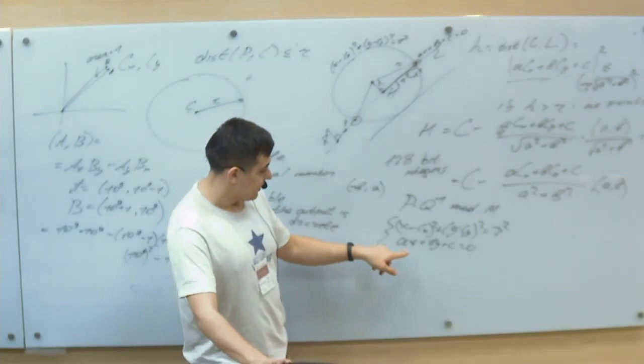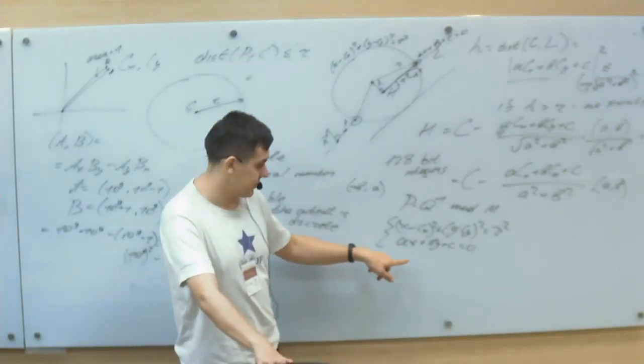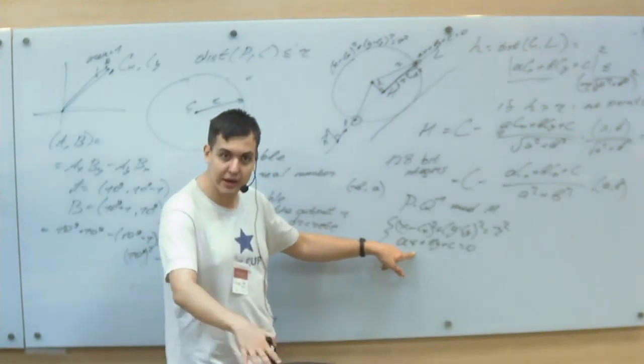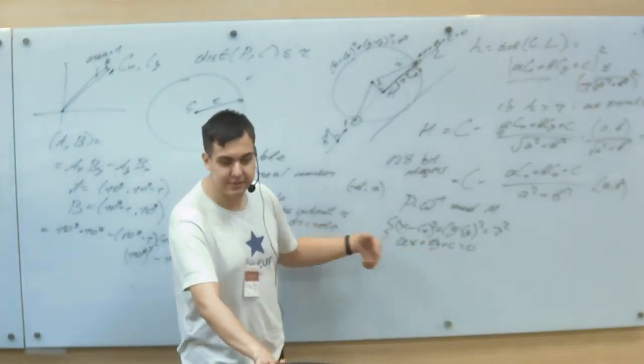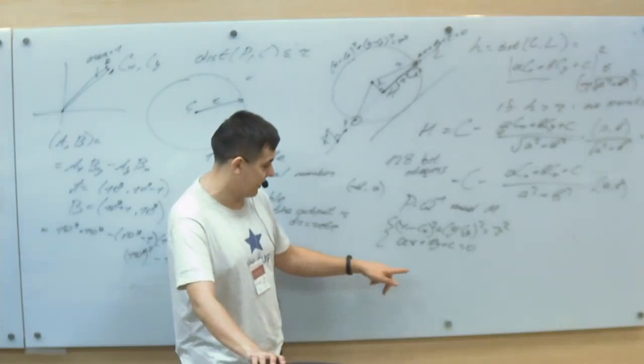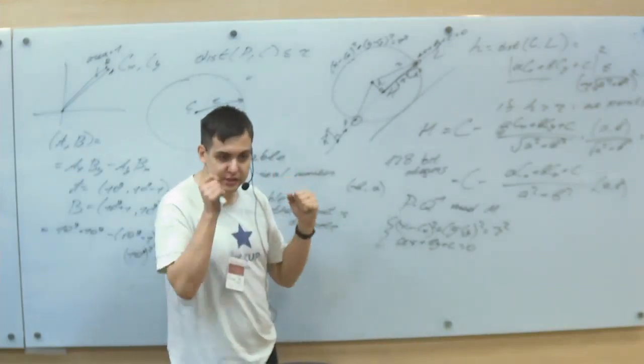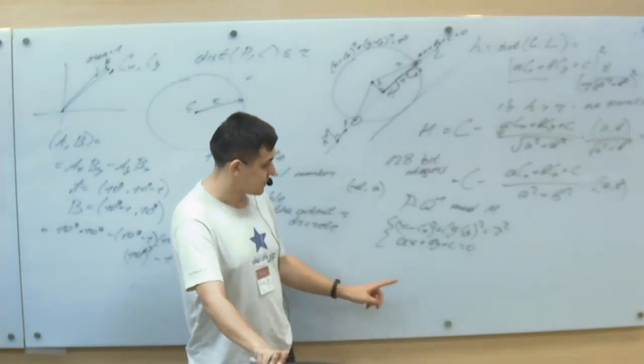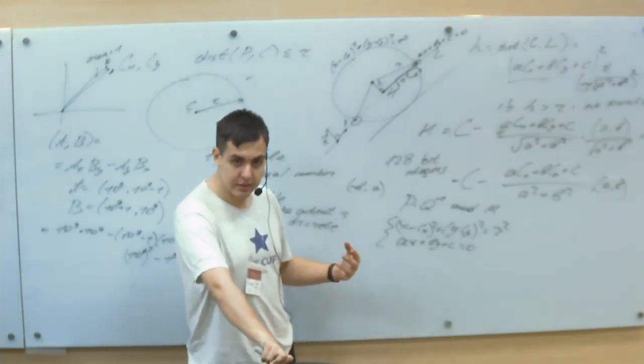So from the second equation, you can either express x as a function of y, or you can express y as a function of x. So either a is not 0 or b is not 0. So you can express either x or y using this.